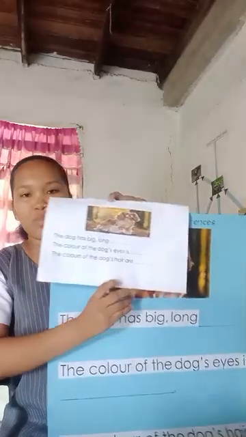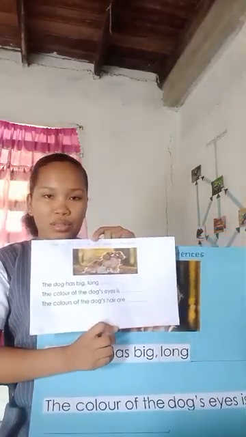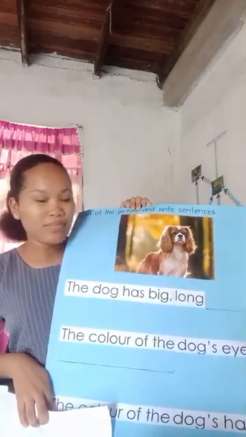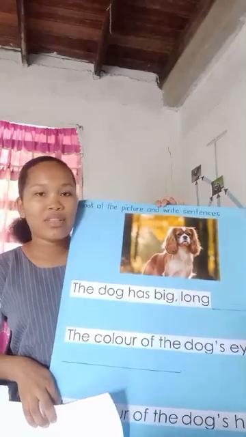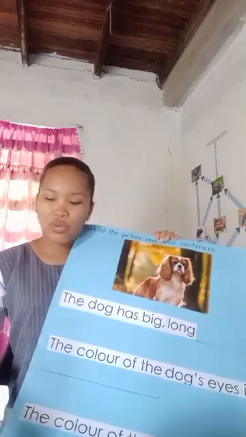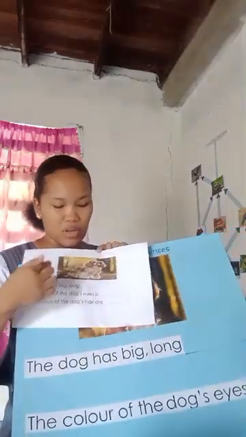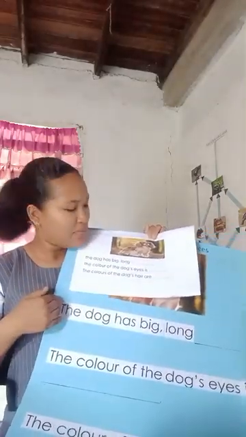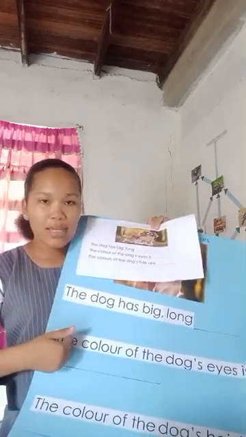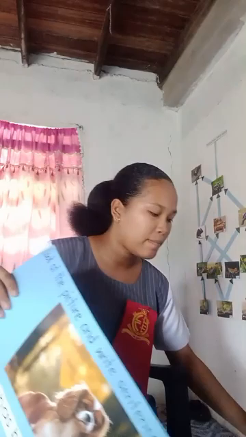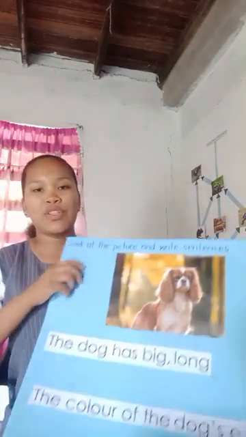We are going to use this cardboard with the picture and words while doing the activity. After we finish the first sentence, they're going to complete it on the worksheet. We go to the second sentence, they complete it. Then we go to the third sentence and they complete it. So this is how it's going to be done.